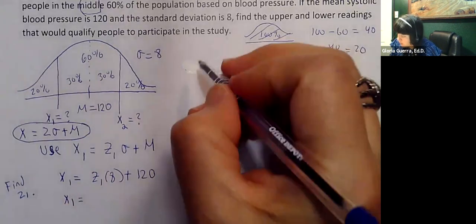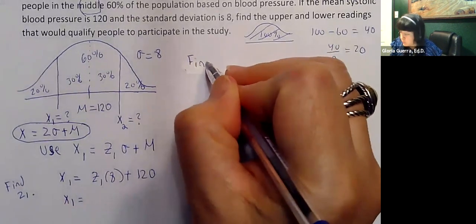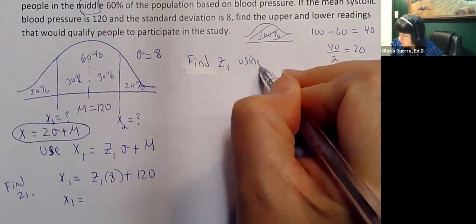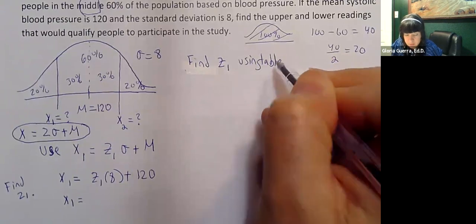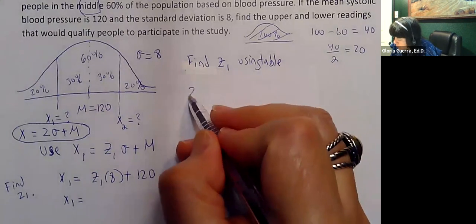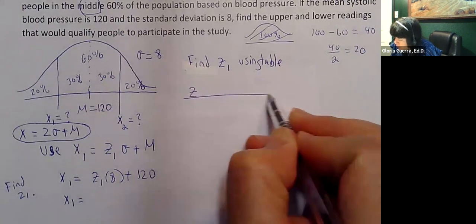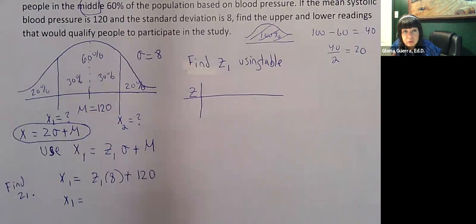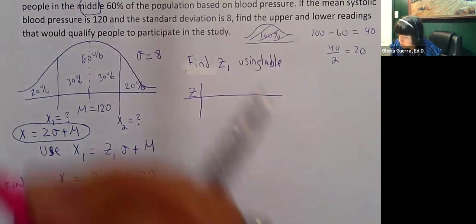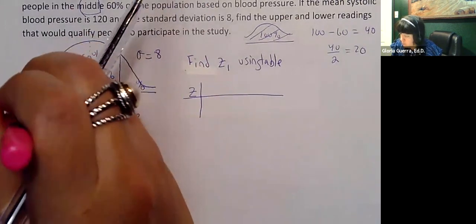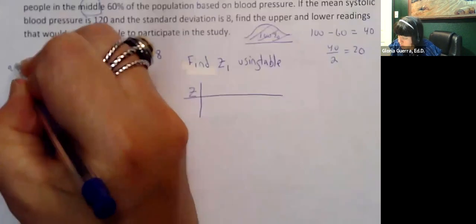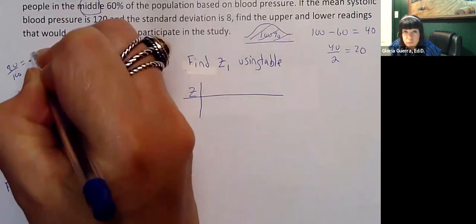So find z1, and I'm going to use the table method first and then I'll go back and use the calculator on that. So I have my area. And remember the area is to the left of the curve. Which is 20%, 20 divided by 100, which is 0.2, right?